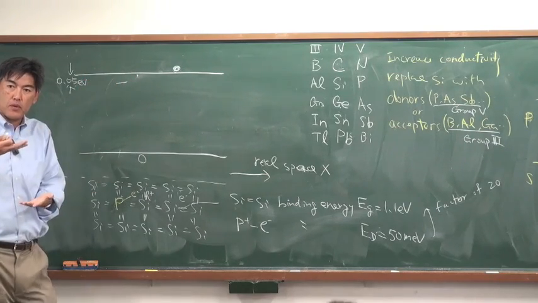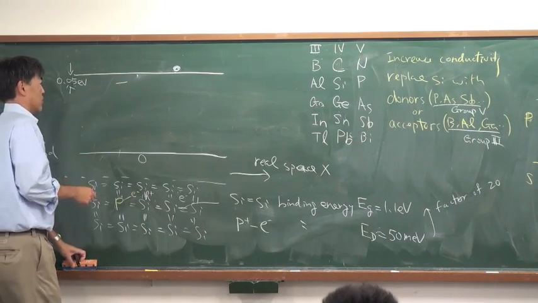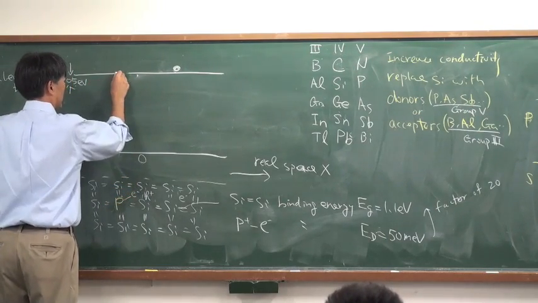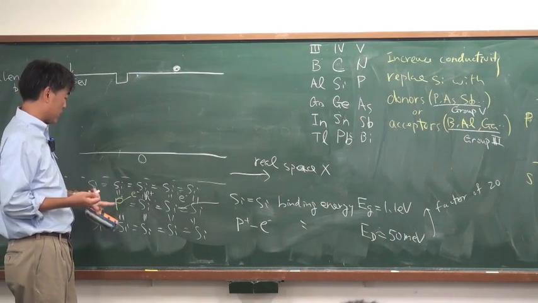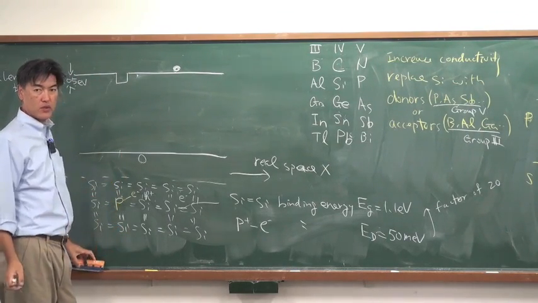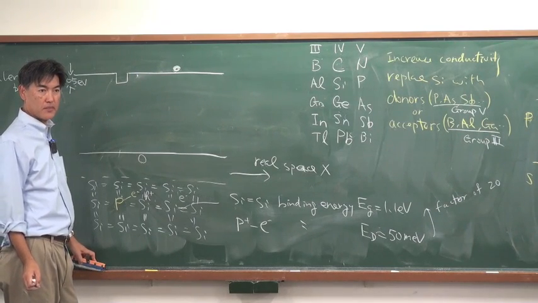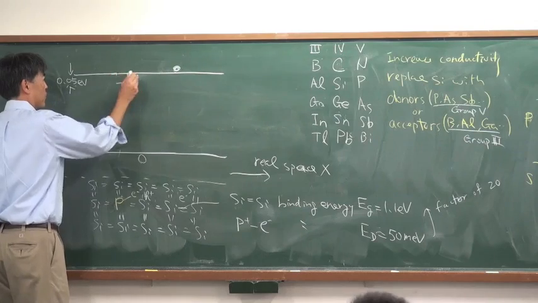And there's a trap at the site of phosphorus, which is only 50 millielectron volts deep, right? So usually we just draw one line.